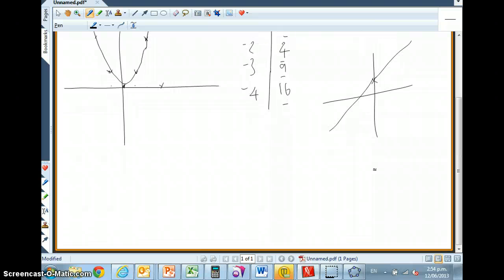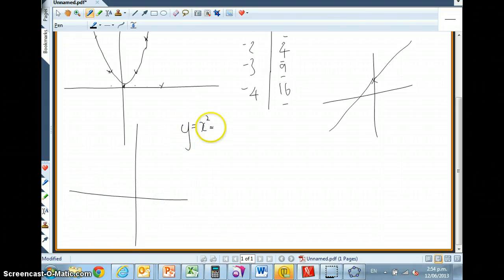Well, the same is true for a parabola. Y equals x squared plus 1, the whole thing shifts up by 1. And in your mind's eye, you need to be able to plot these really quickly. Across 1, up 1, across 1, up 1, across 2, up 4, across 2, up 4. And the y-axis becomes a mirror line.